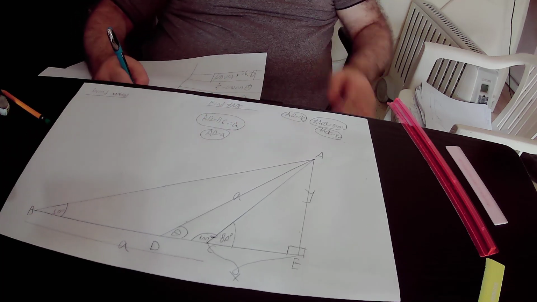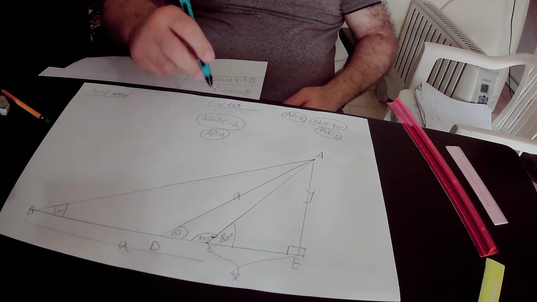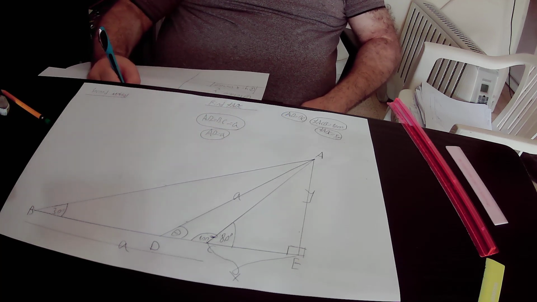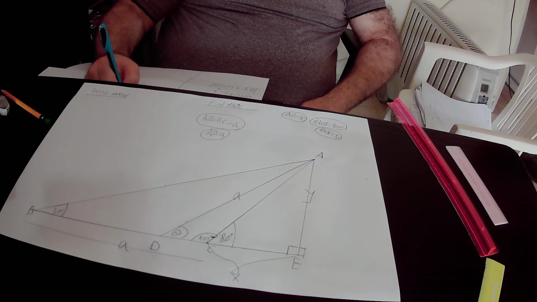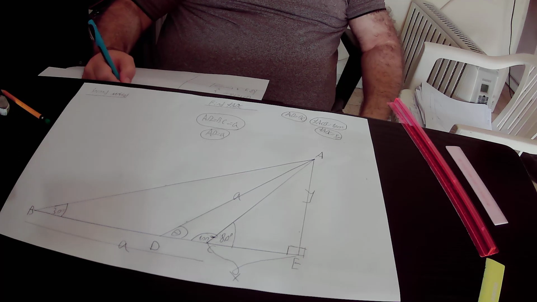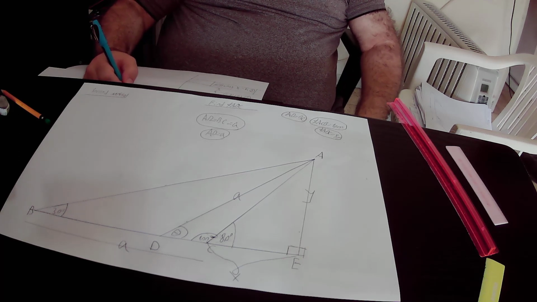And in the right triangle ADE, we know that sine theta equals AE over AD.